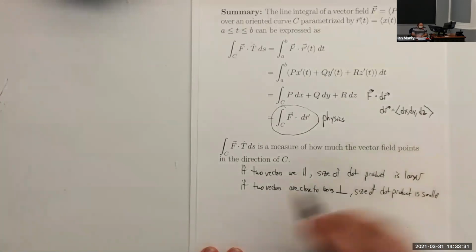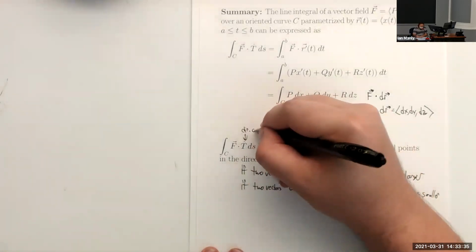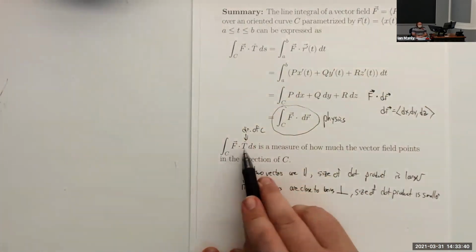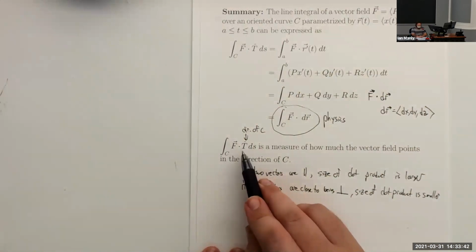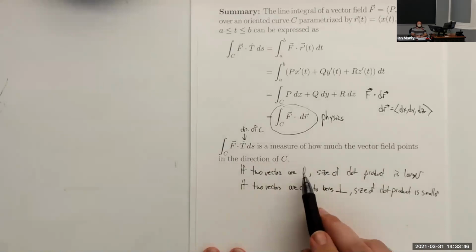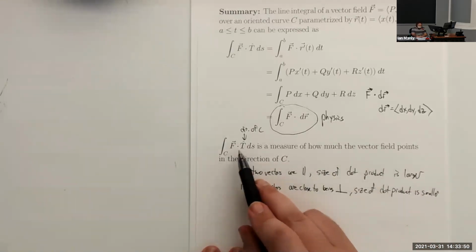Okay, so what is this saying? Well, remember, t represents the direction of our curve, right? This is the direction of our curve here. Now, if f is going in the same direction as our curve, we're going to be accumulating a lot of value for that, because going in the same direction means that you're parallel, so you're going to be having big dot products for that region.